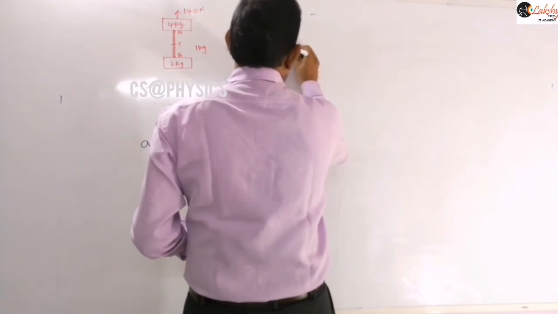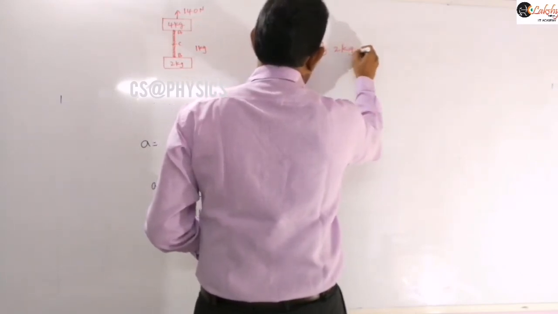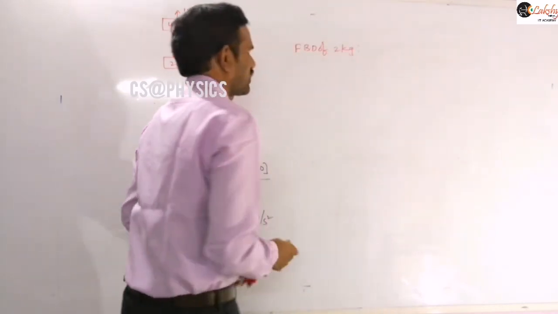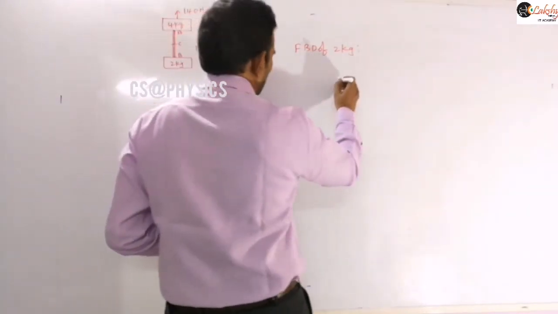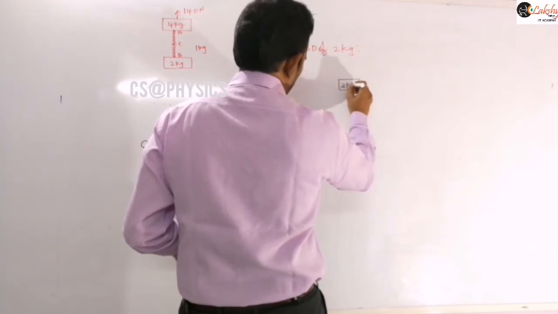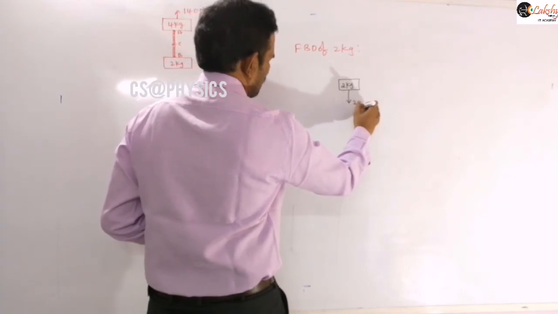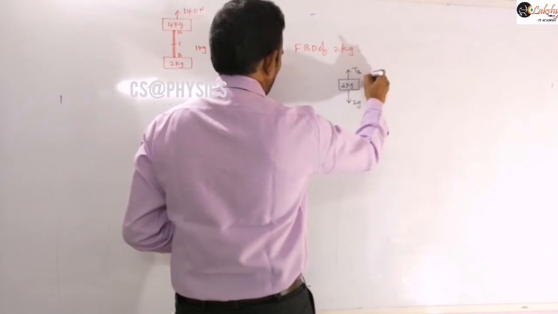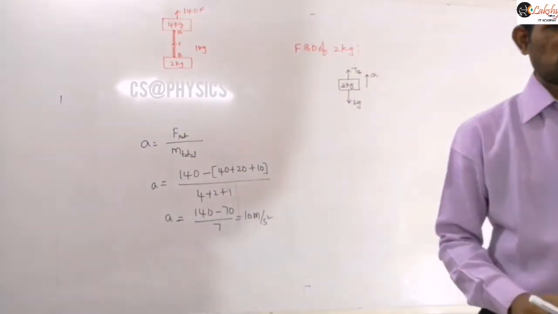So now I am taking the FBD of the 2 kg block. What are the forces acting on this 2 kg block? 2g is the weight of this block, and the tension at point B. And now it is accelerating with acceleration A, the acceleration of the system.